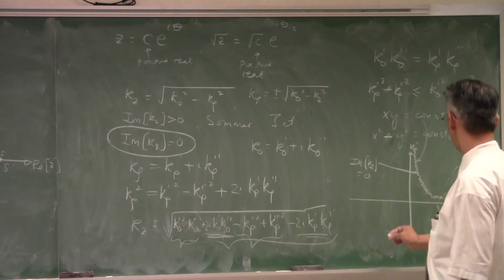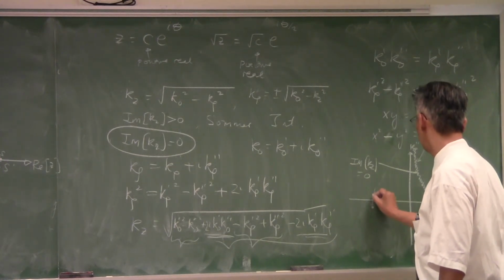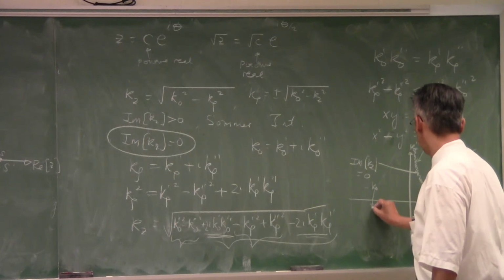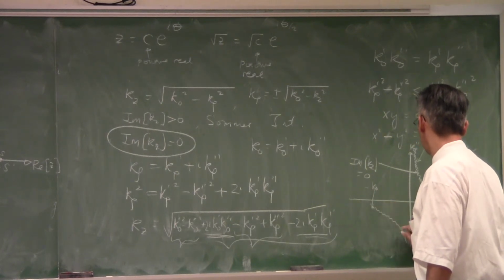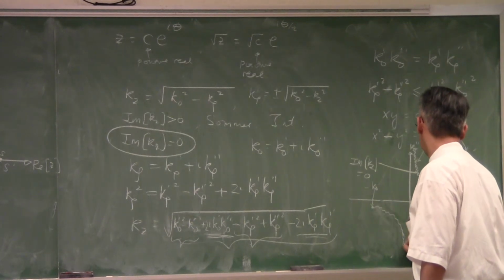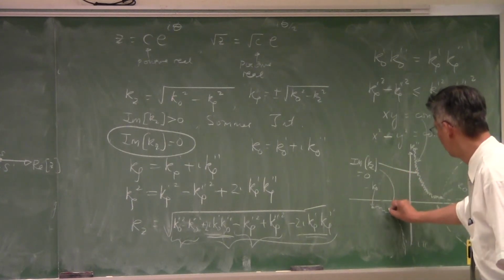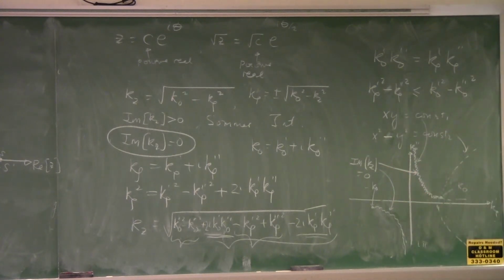You can go through this argument and discover that there is a minus k0 point here, and there's another branch cut that goes like that, which is just the counterpart of that other branch cut. So those are the two branch cuts that you should have. I think we have to stop here.